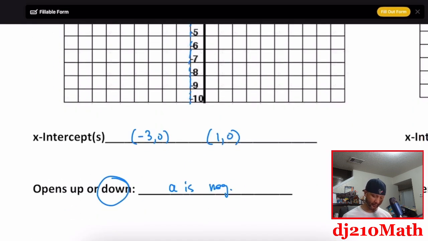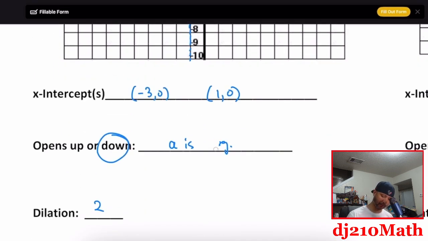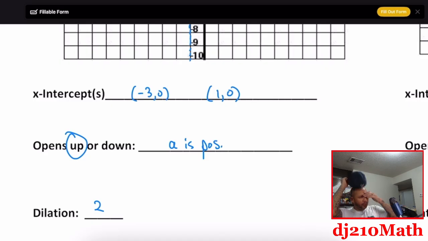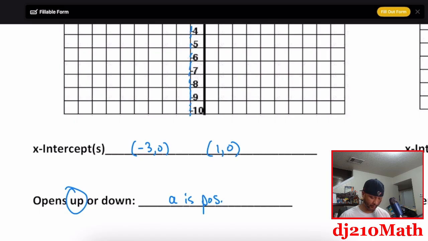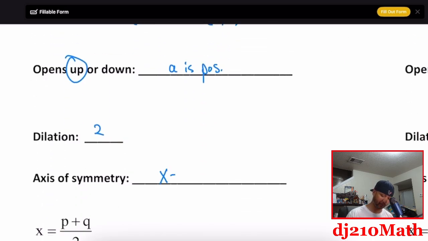Bro, A is positive. It's late, but we're catching the mistakes. All right, A is positive. It definitely opens down. Probably already knew that though. So it opens up, not down. All right. Dilation's 2. Axis of symmetry x equals -1.